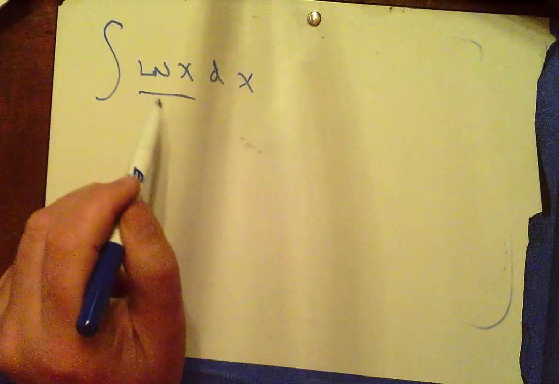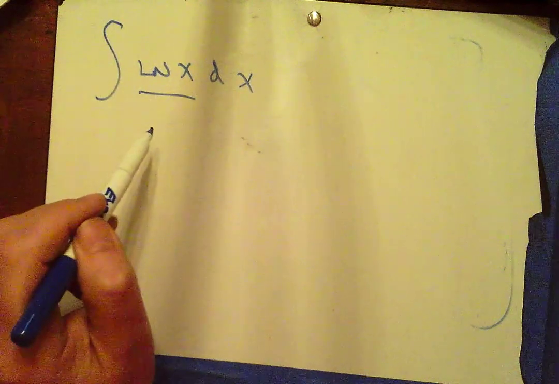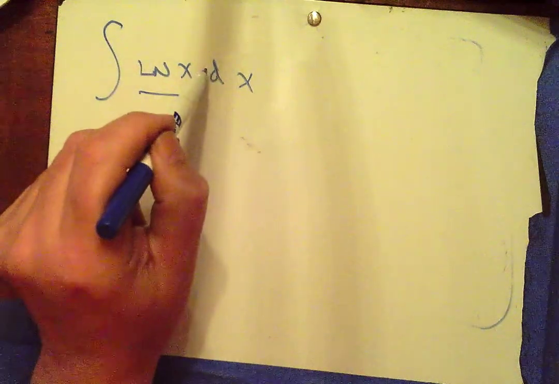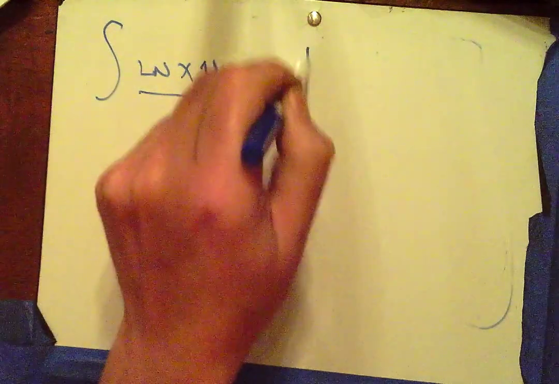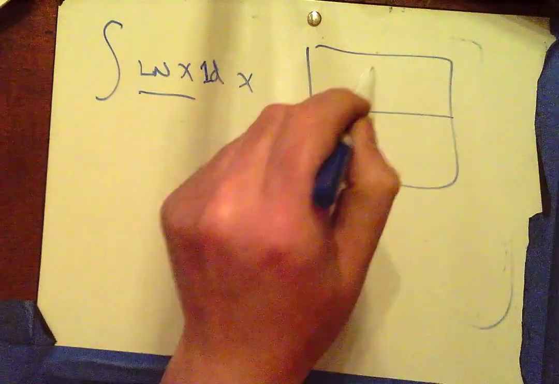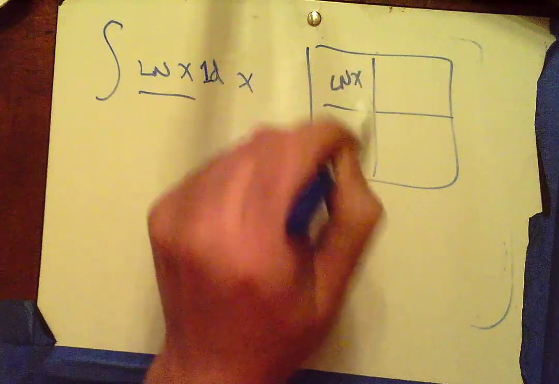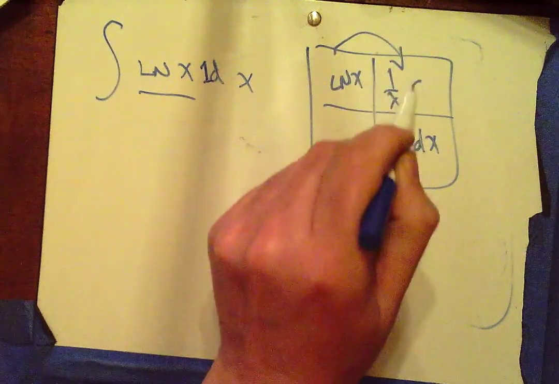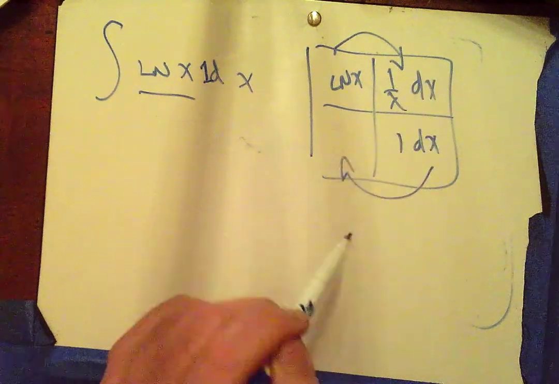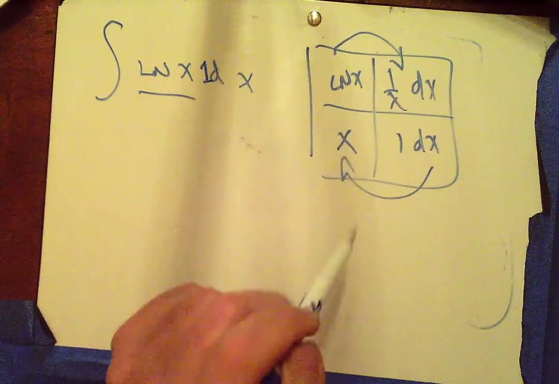Do you see its derivative? Do you see 1 over x anywhere? No, not me. And some other functions. So I put ln of x and 1. The derivative going this way, 1 over x dx. The antiderivative going this way, x.